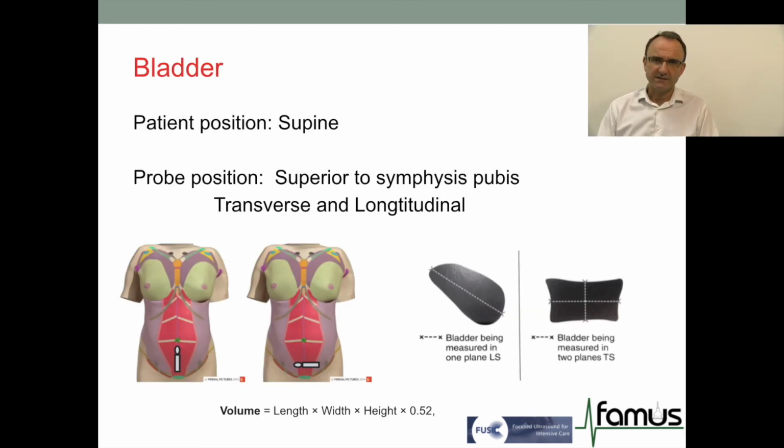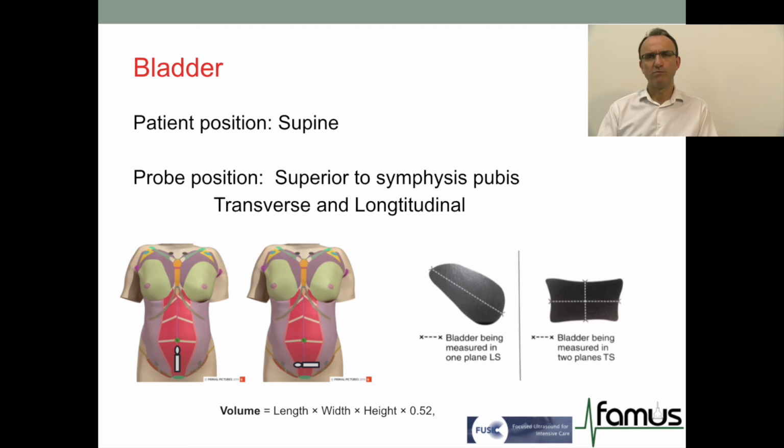A comprehensive assessment of the urinary tract includes an assessment of the bladder. The bladder is imaged along 2 orthogonal positions of the probe. One is the transverse, just above the pubic symphysis, and one is the coronal, above the pubic symphysis.